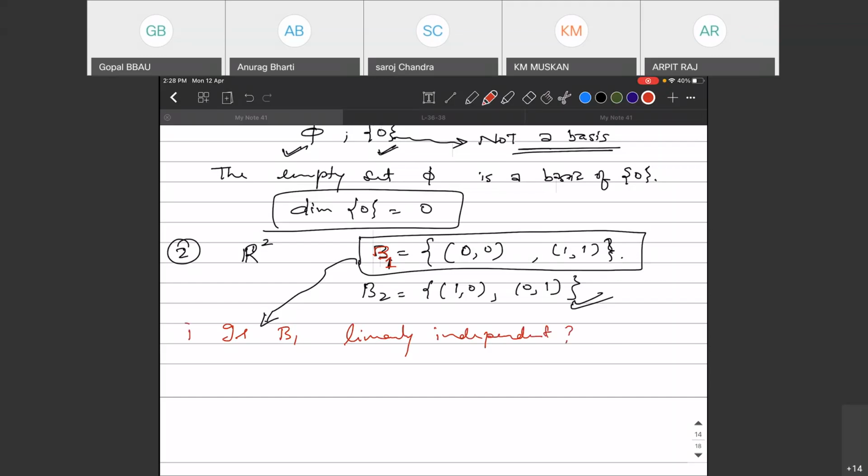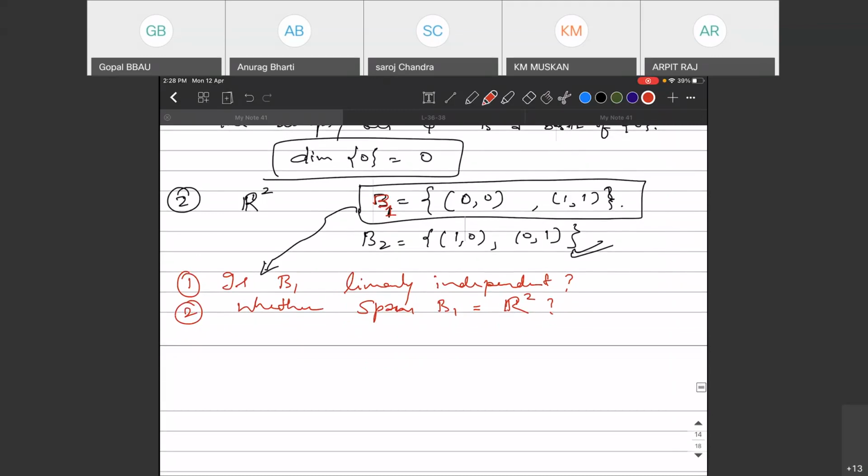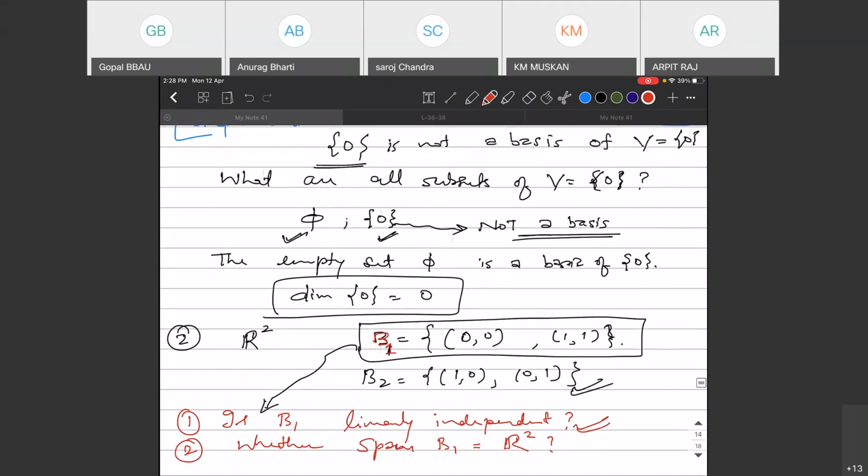Second question, whether the span of B1 is R2.